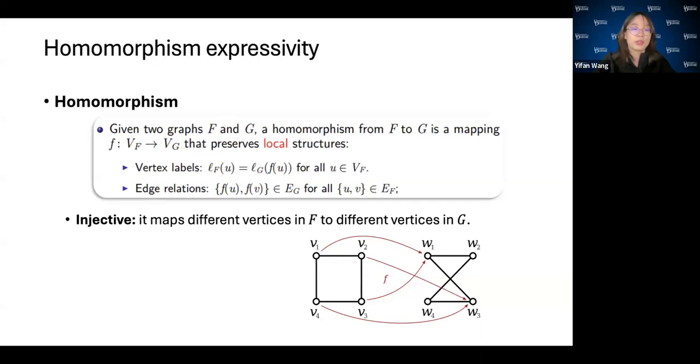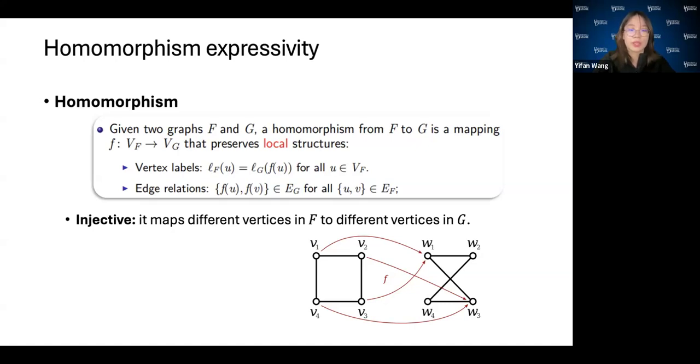For example, it is noted that this mapping is not necessarily injective, which means it may map different vertices in F to the same vertex in G. The following figure is a valid structure preserving mapping from the left graph into the right one.